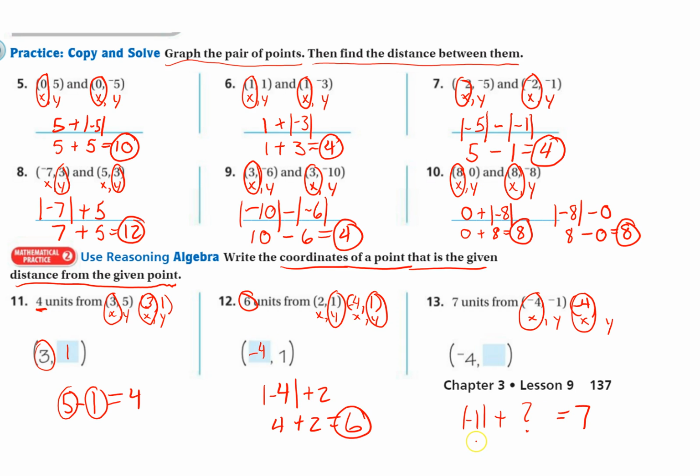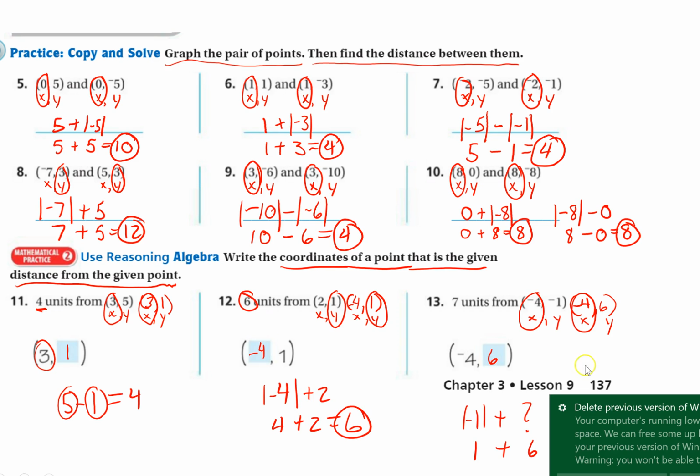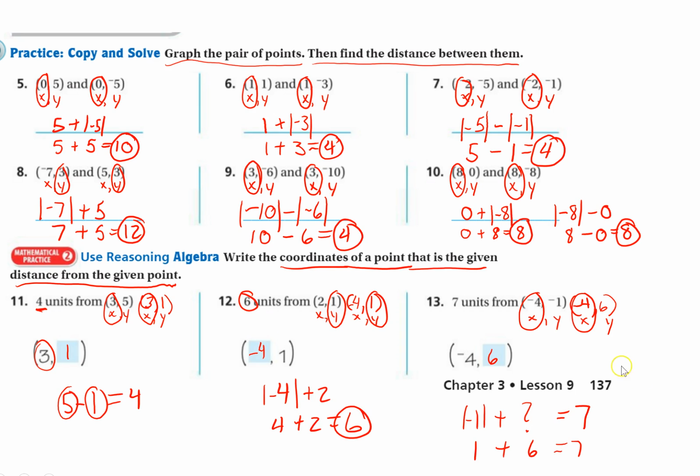Well, the absolute value of -1 is 1. 1 plus what equals 7? 1 plus 6. So this is going to be (-4, 6). And again, we can graph these 2 points to double check ourselves.